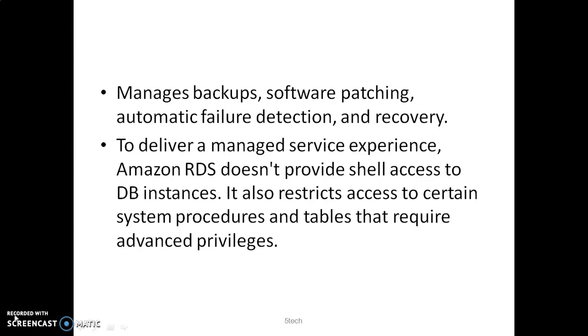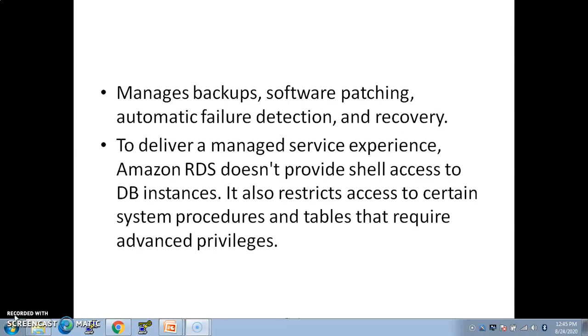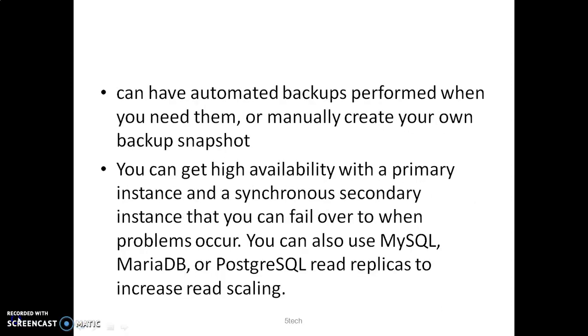To deliver a managed service experience, Amazon RDS doesn't provide shell access to DB instances. It also restricts access to certain system procedures and tables that require advanced privilege. You can have automated backups performed when you need them, or manually create your own backup snapshots.